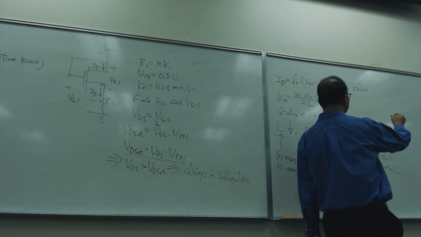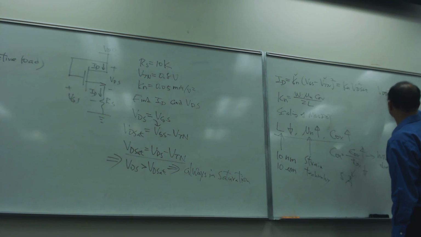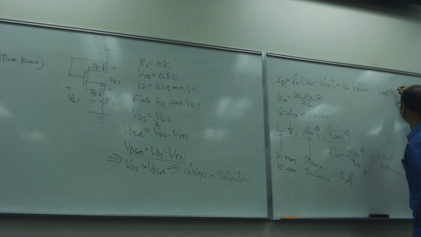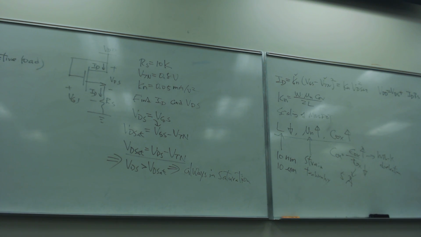So I can go to the output loop: VDD equal to VDS plus ID RS. And VDS, as I said in the beginning, is equal to VGS.